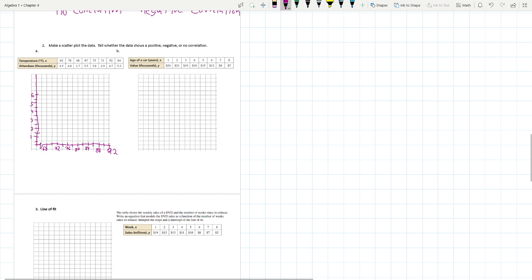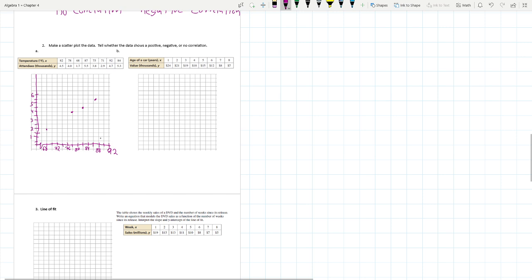So I go, okay, 82 goes up to 4.5, which is right there. Then I go, all right, 78, which is right here, is 4.0. Okay. 68, 1.7, somewhere around there. 87 is at 5.5, so right here.